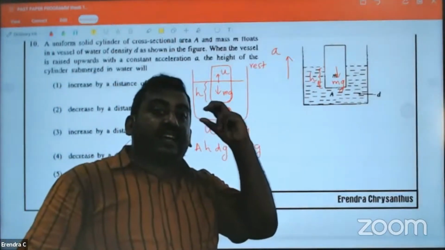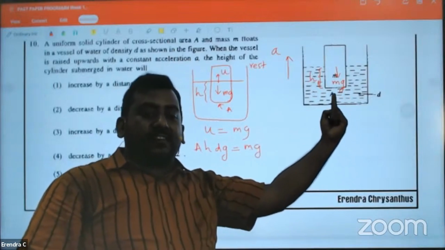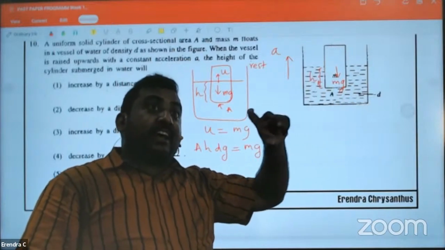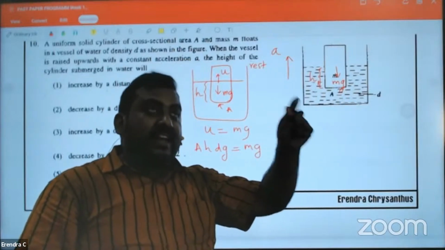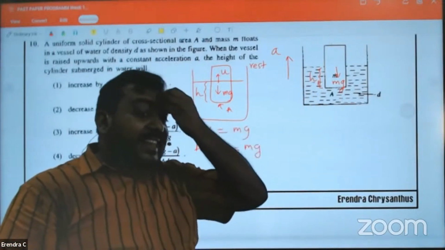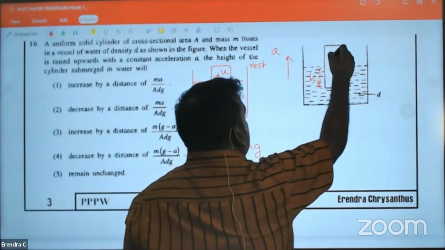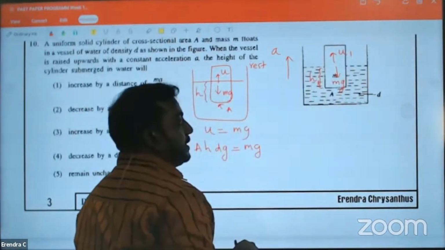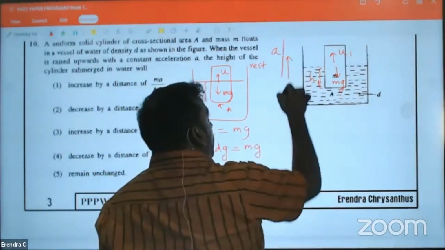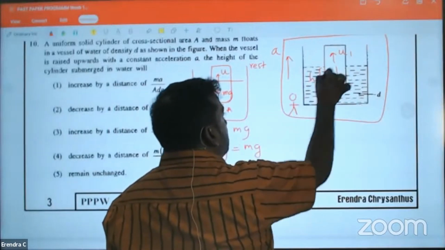Remember, when it is accelerating, the pressure force acting here will also change. Pressure force changing means the resultant pressure force will change, which means the upthrust will be different. Say you are inside a lift looking at this.